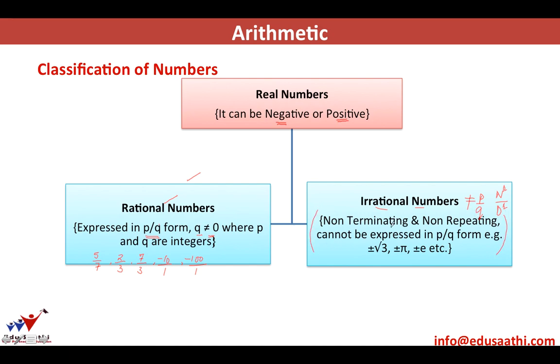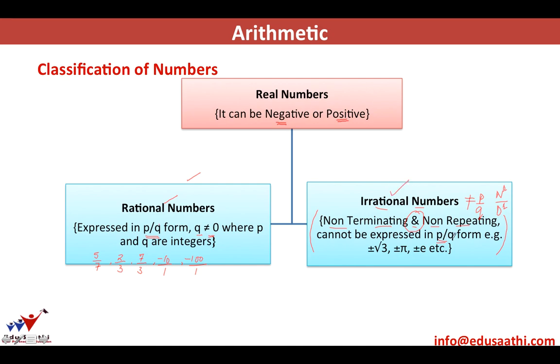What is that thing? Non-terminating and non-repeating decimals cannot be expressed in the form of p by q. And the 'and' is of utmost importance here: non-terminating and non-repeating decimals would be categorized as irrational numbers.